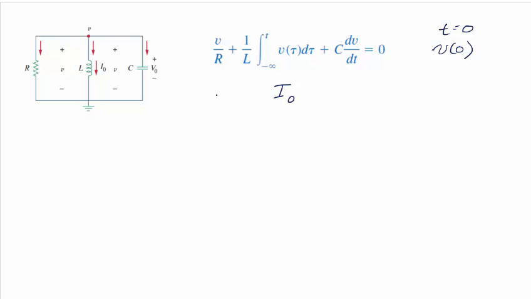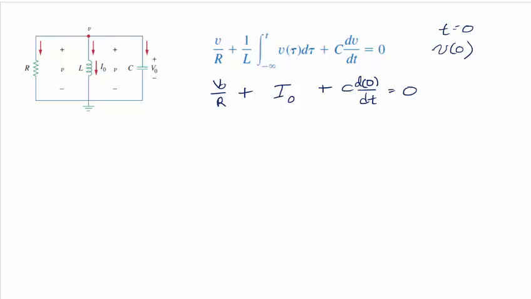And so we have I0, and for the current right here, we know that the initial voltage across this parallel network is V0, so that's V0 over R right here. And then the last thing we have right here is C dV at 0 over dt.